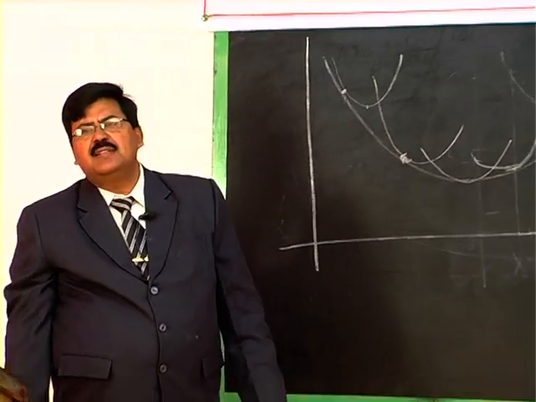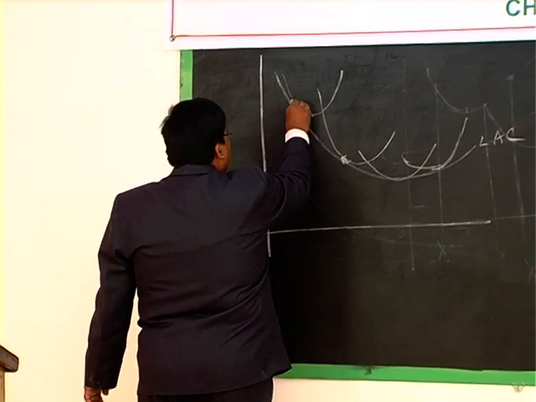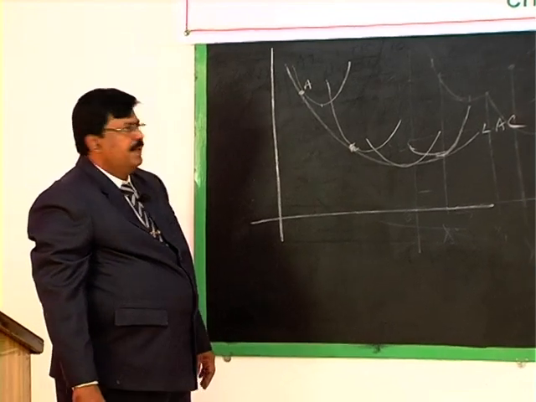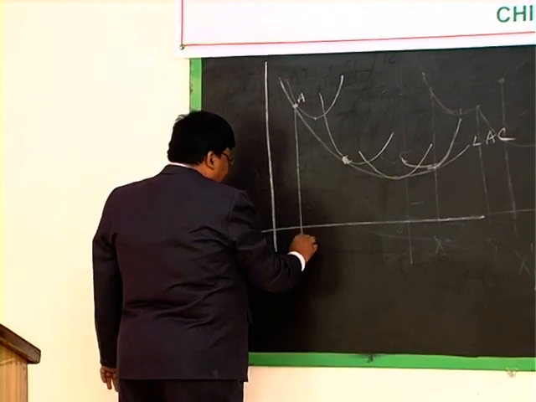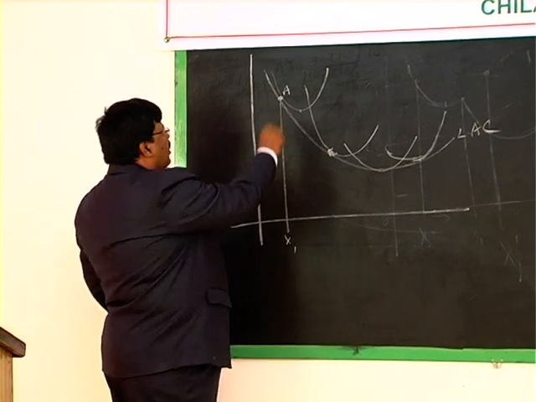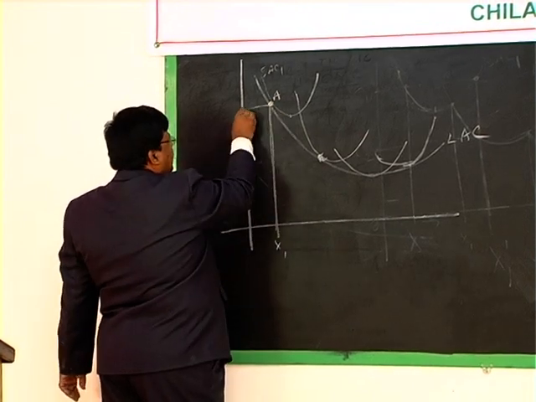There are 4 different plants, and each gives rise to a separate short-run average cost curve. So at point A, he is producing with OX1 rate of output, operating with plant A, a smaller plant SAC1, and this is the least unit cost.